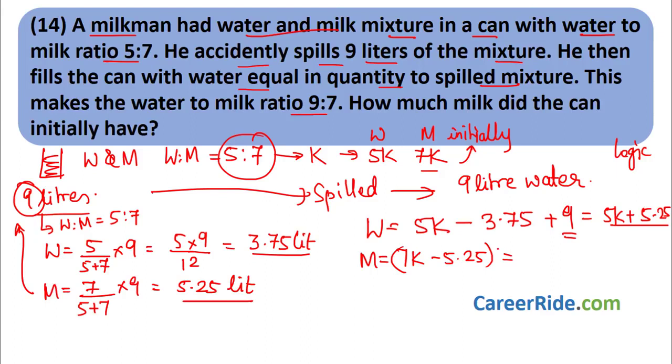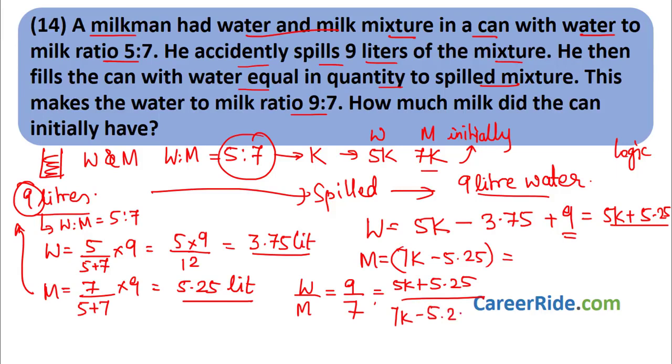They have given that in the final mixture, after the milkman adds 9 liters of water, the ratio of water to milk becomes 9:7. So that is 5K plus 5.25 upon 7K minus 5.25 equal to 9 by 7.